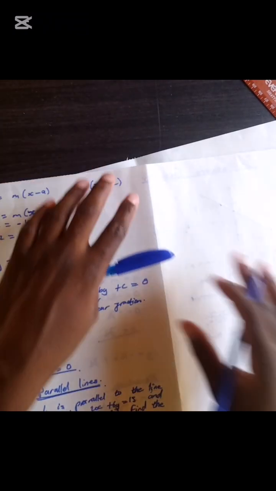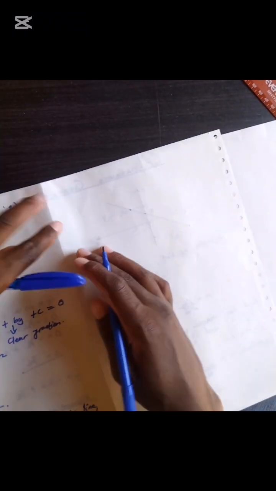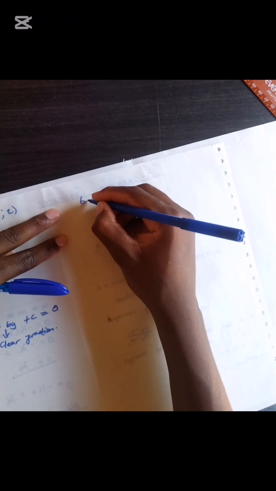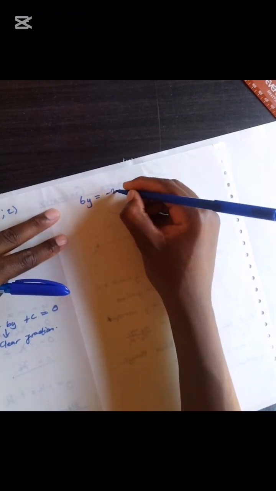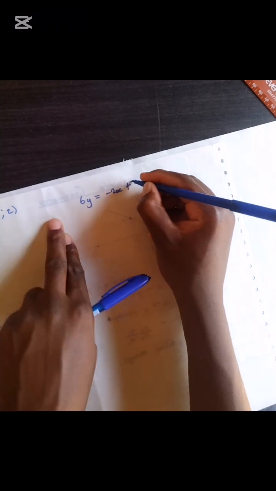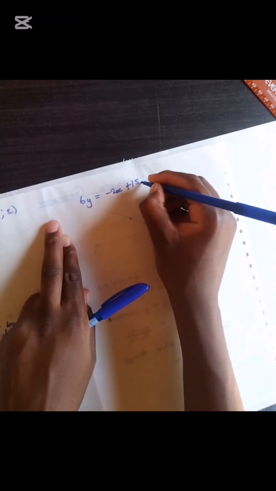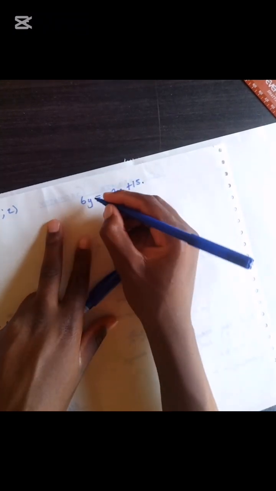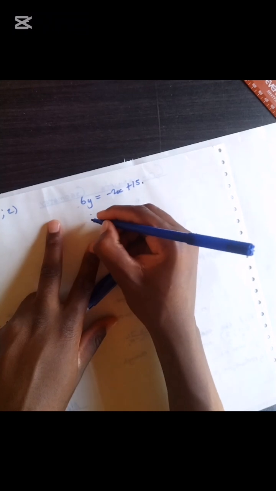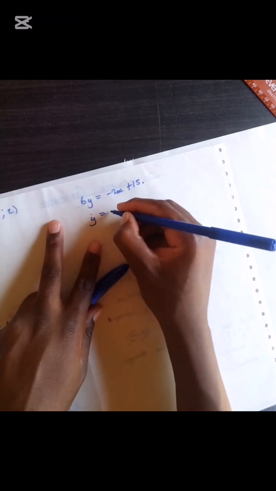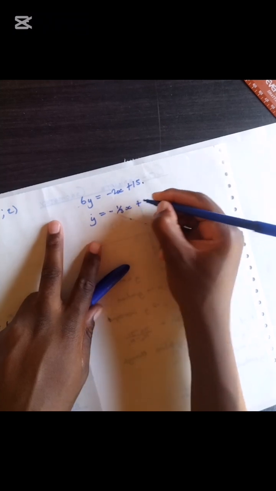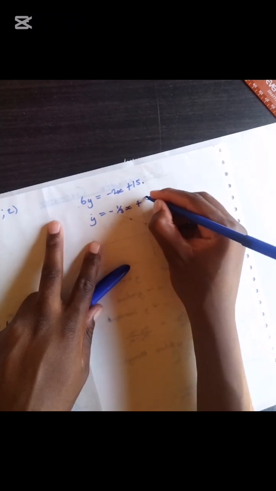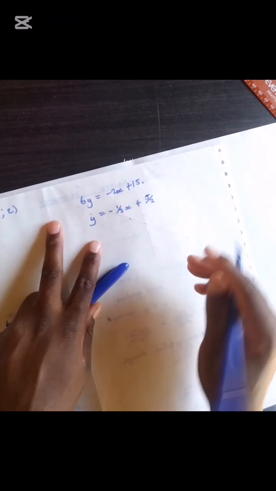It should look like 6y is equal to minus 2x plus 15. So we divide everything by 6, and y is equal to minus 1 over 3 x plus 5 over 2.